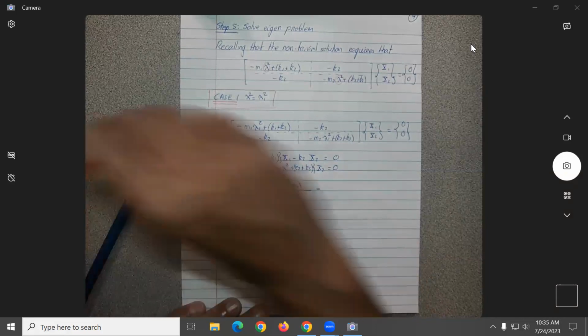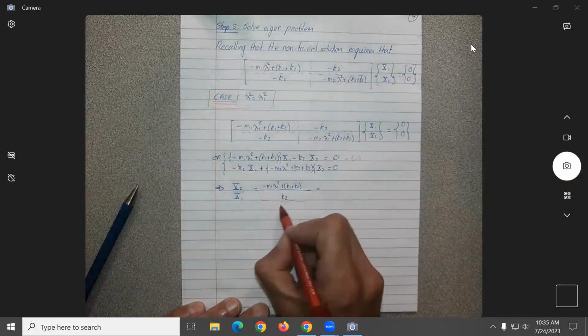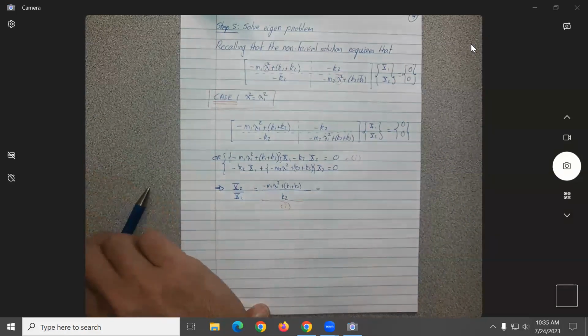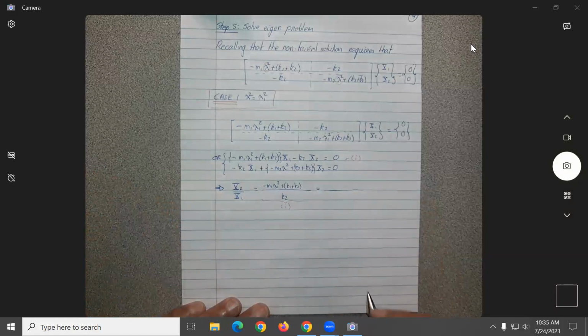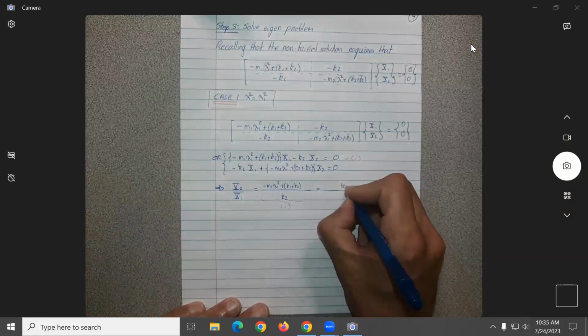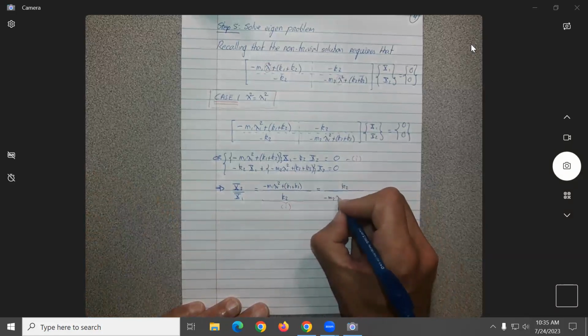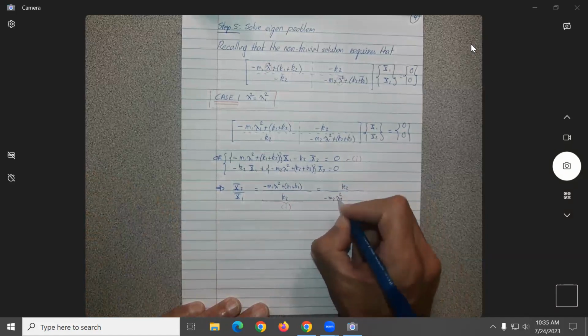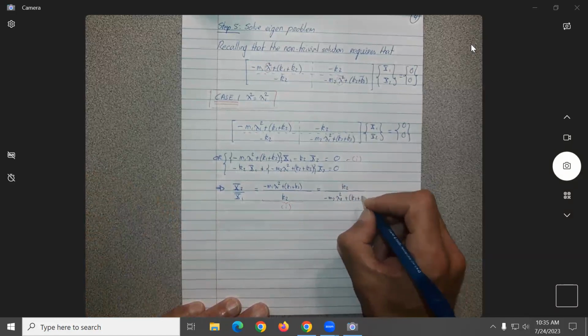Okay, so let's call this one I. Let's say this comes from I. And from the second equation, it will be reversed: K2 over minus M2 λ1 square plus K2 plus K3.